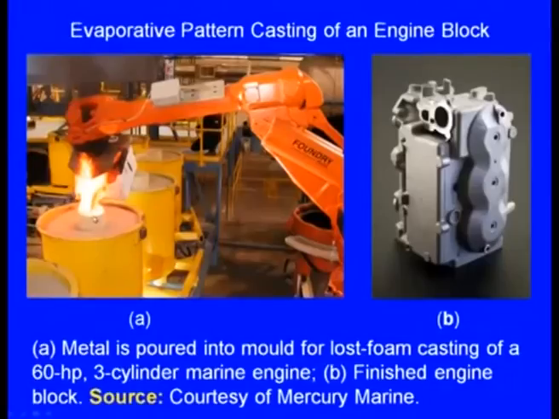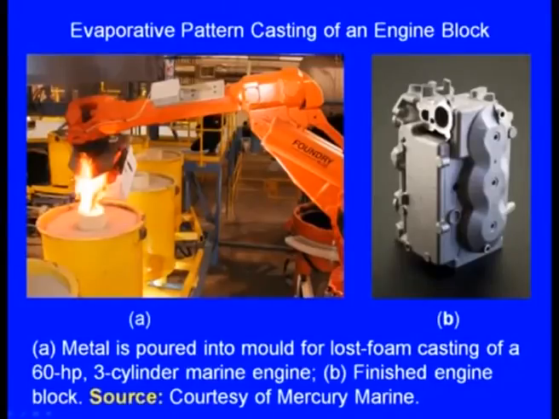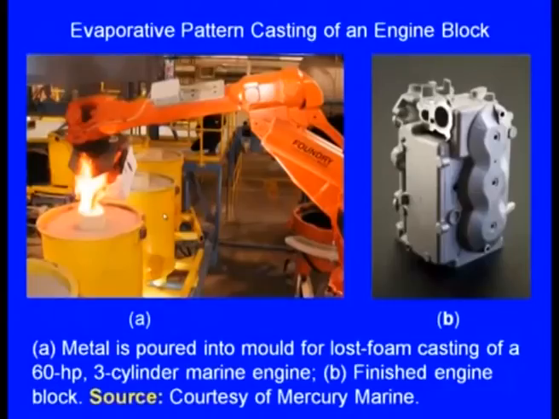Now, here we see a real application for making an engine block. So, this is the engine block. Here we can see metal is poured into the mold for a lost foam casting of a 60 HP 3-cylinder marine engine. Here we can see only one molding box, and this is the pouring cup and the molten metal is being poured, and as it is being poured the vapor escapes and finally it fills.